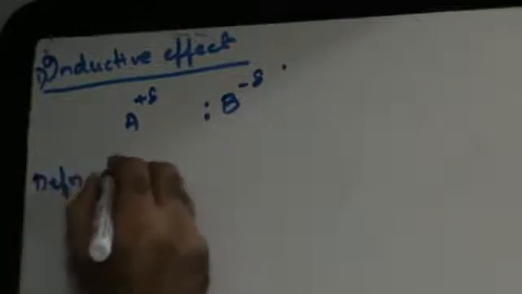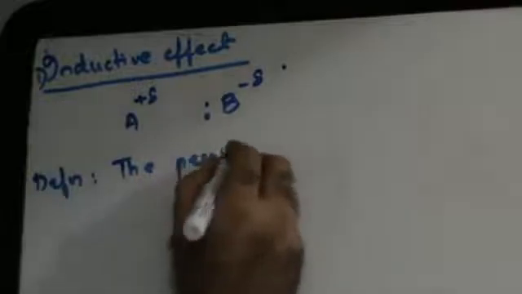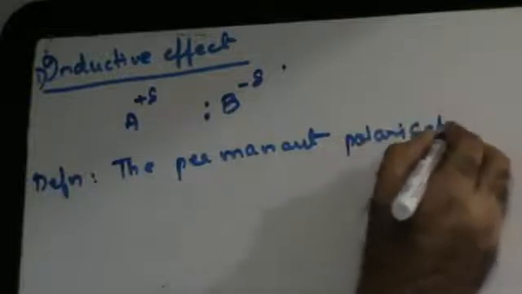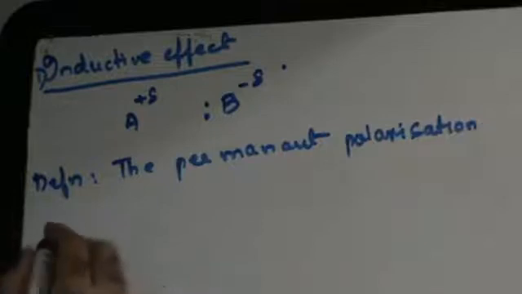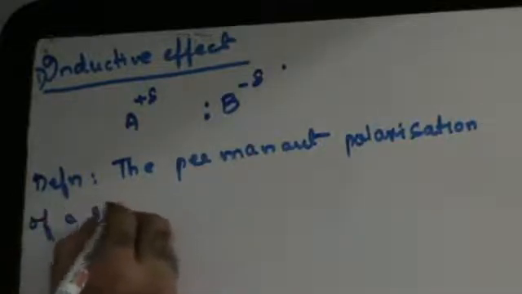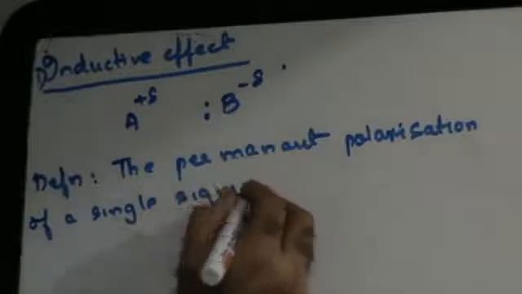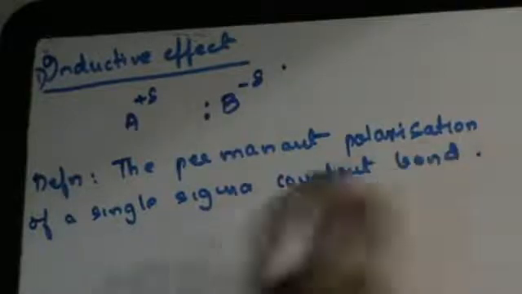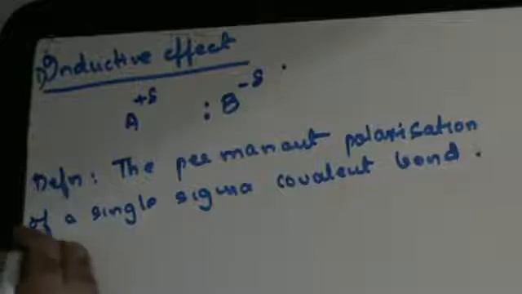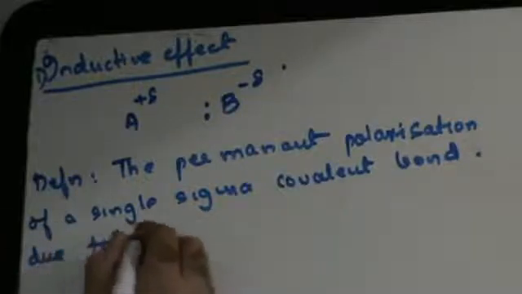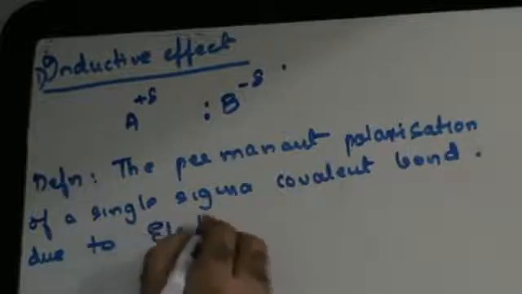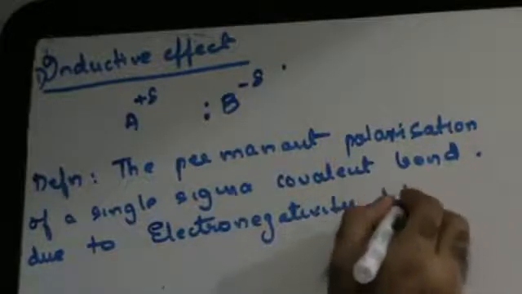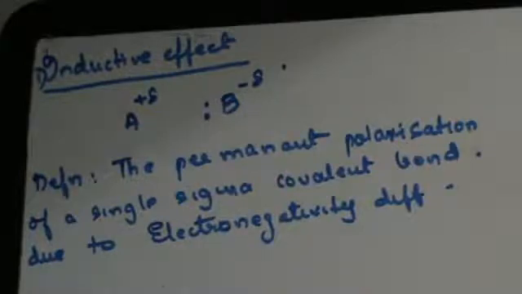It is the permanent polarization of a single sigma covalent bond due to electronegativity difference between bonded atoms.